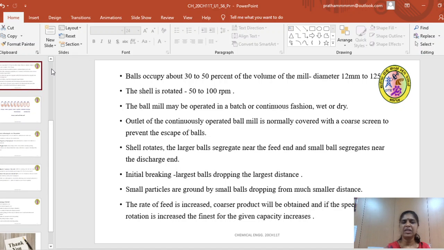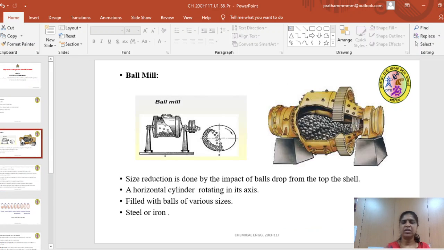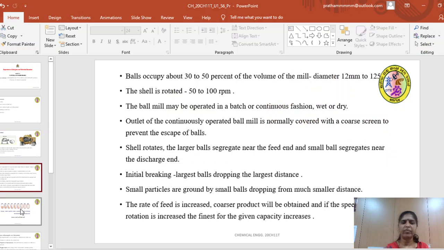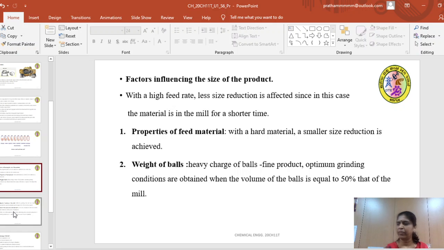The only thing here is we have to understand the critical speed and the centrifuging. So this is how the ball mill will look. The question asked is, what is the critical speed?